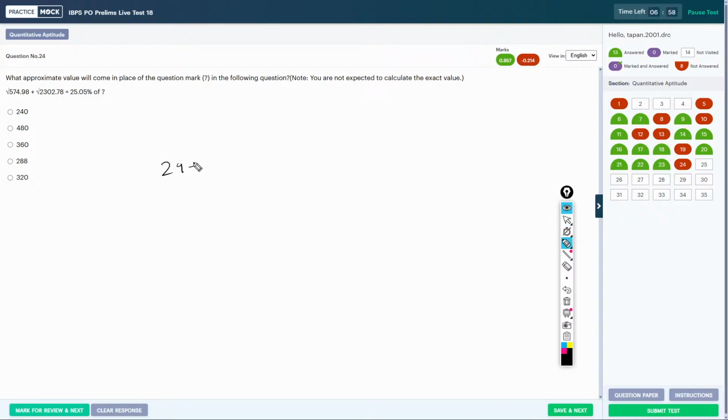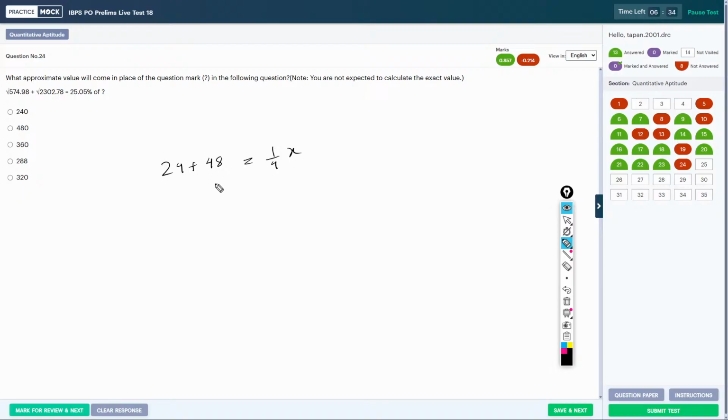So 24 plus, this is what, 2 less, so 23, or rather 48 is equal to 1/4 of x.